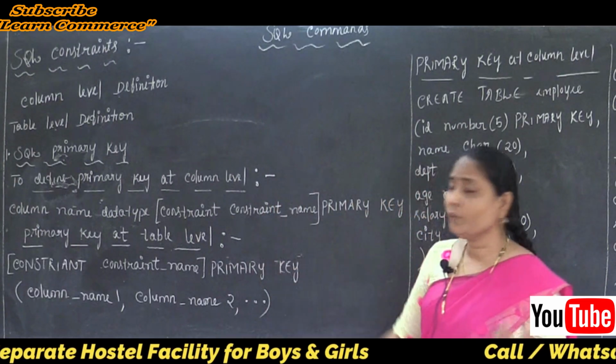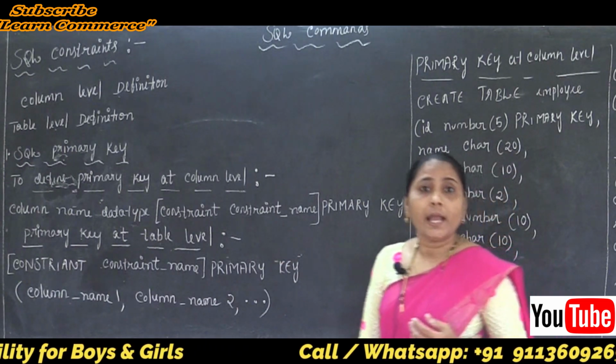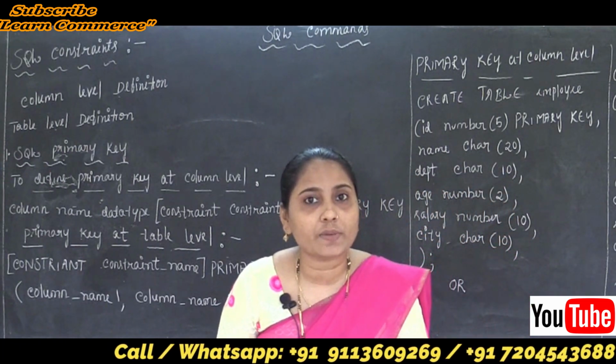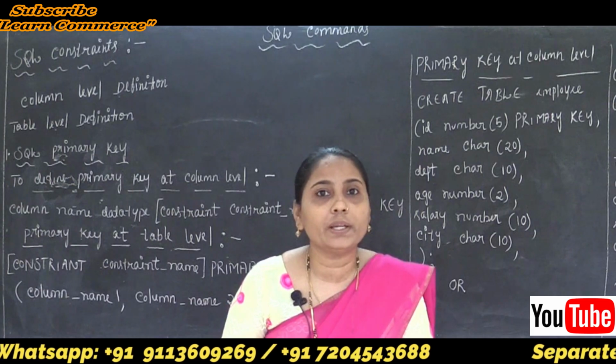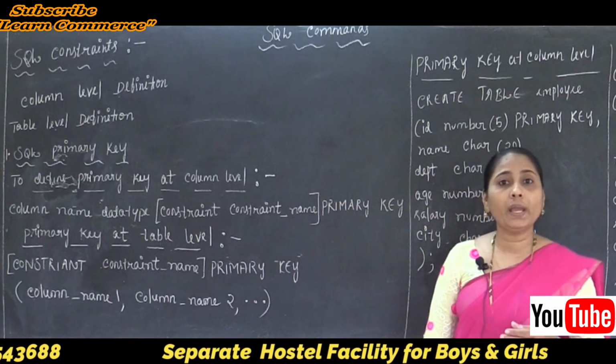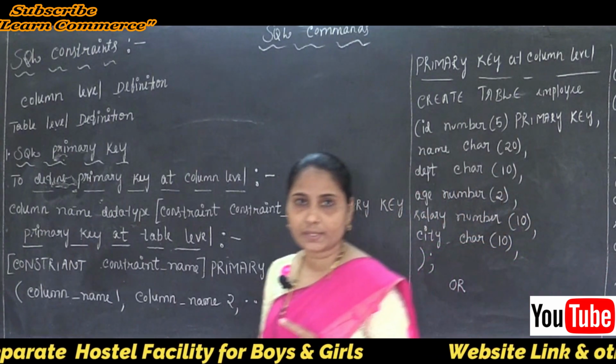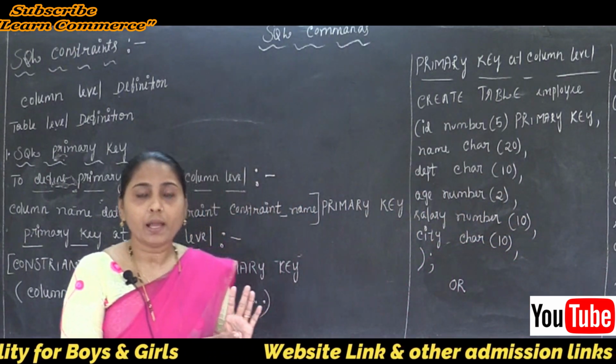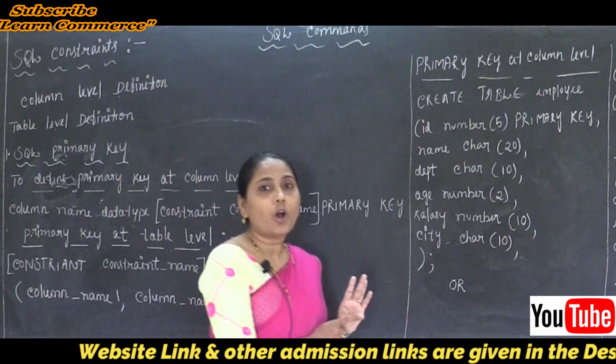So we can say that the constraint ensures the accuracy as well as the reliability of the data in the database. Now the constraints can be of two levels. One is the table level and the second one is the column level.